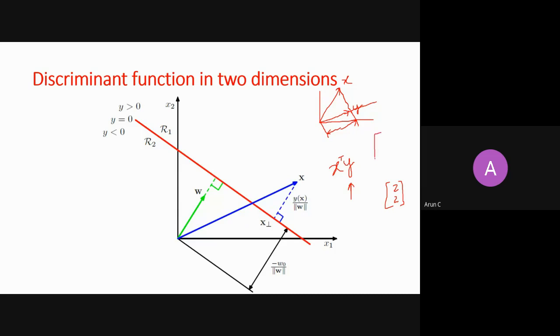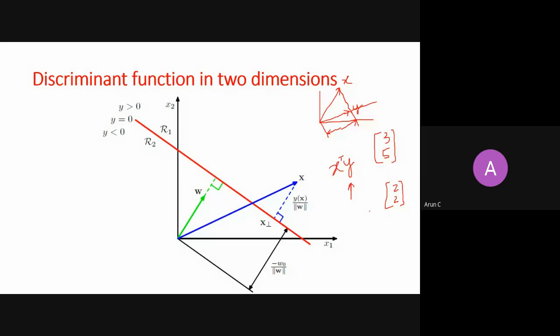Let's say x is (3, 5). But y was not a unit vector, so it is a scaled version of a projection.